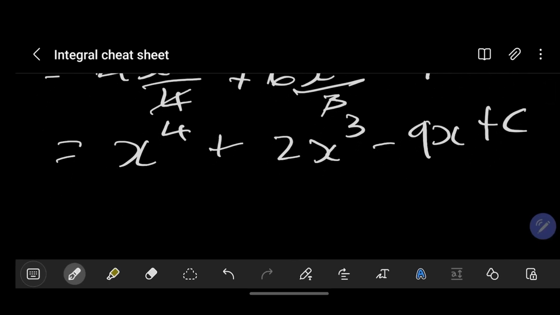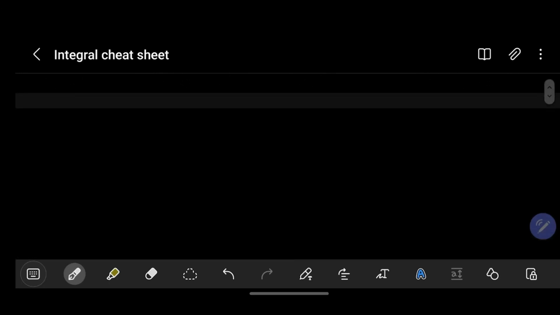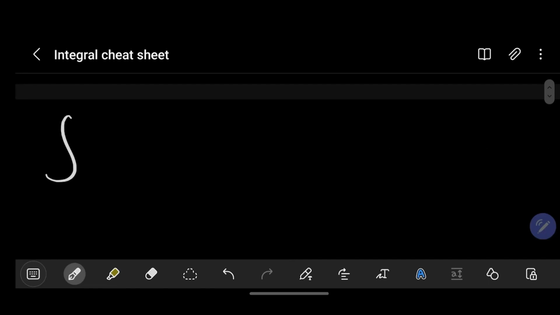Now, let's look at some random examples actually. So let's look at something like the integral of the square root of x dx.